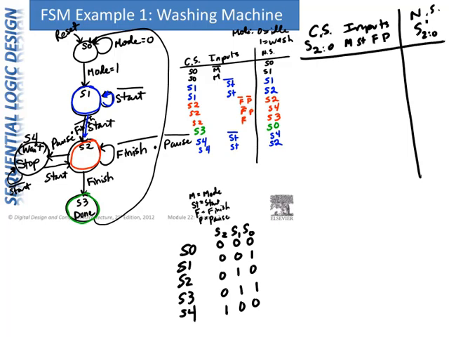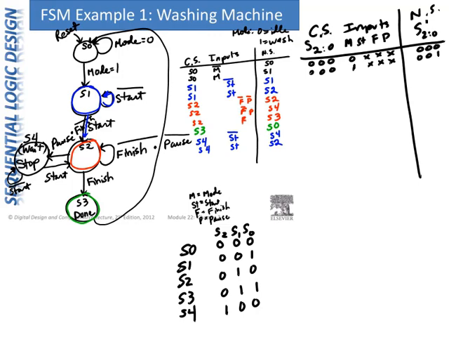So we start with the top line. S0 is encoded as 0, 0, 0. M is 0. Everything else is don't care. Next state should be 0. Next line, state 0. M is 1. Everything else is a don't care. You should go to S1.